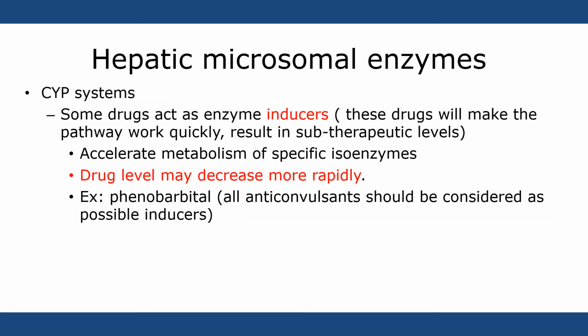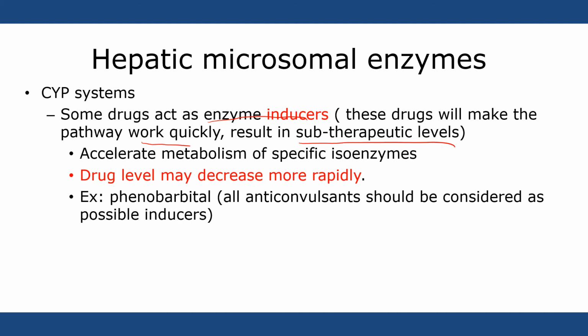Now the second is inducer. So some drugs can act as enzyme inducers. Inducer means that they're going to induce, they're going to speed up. The previous one was inhibitor, where we were going to slow down, but now we're going to speed up. The problem is when you speed up the pathway, it's working more quickly, you're metabolizing at a fast rate, so that can result in a subtherapeutic level.